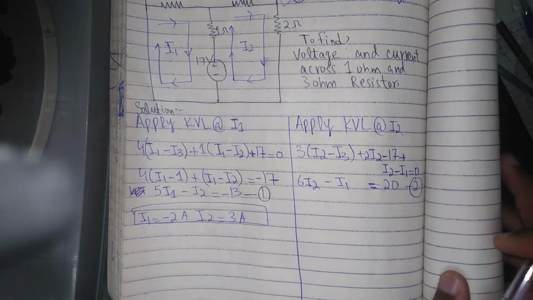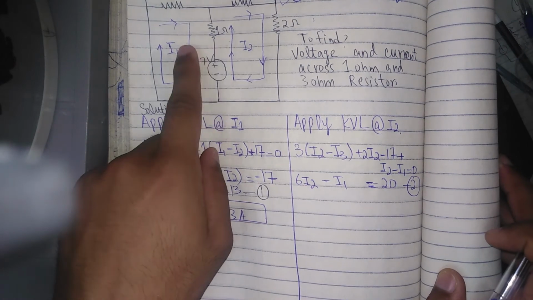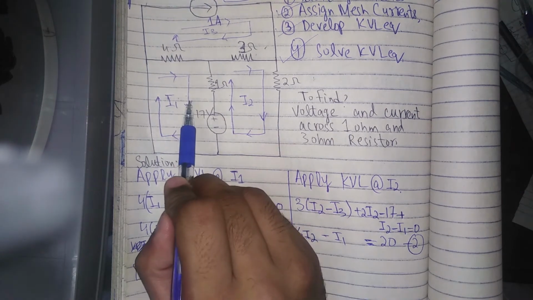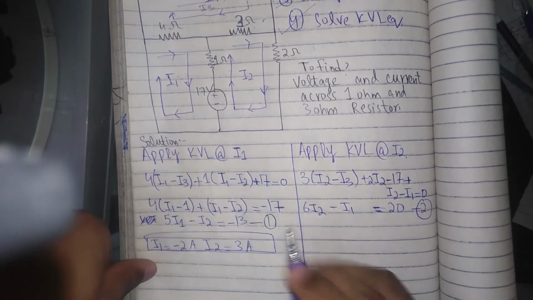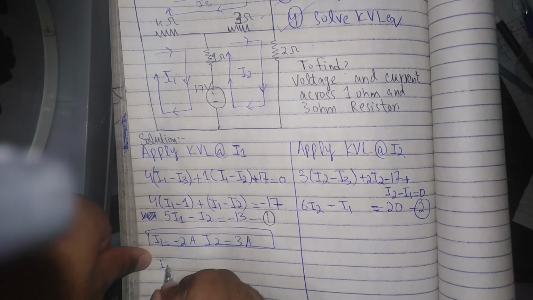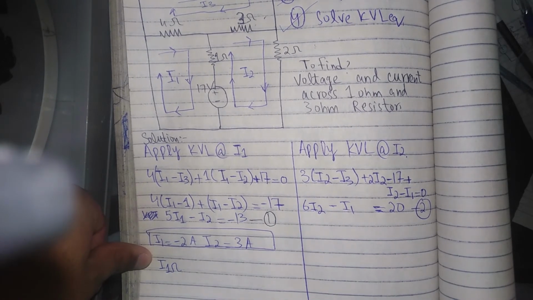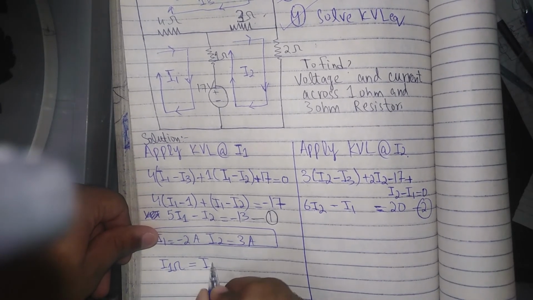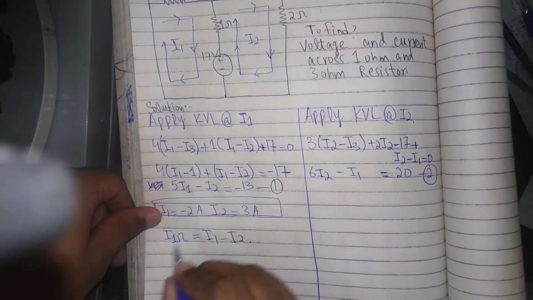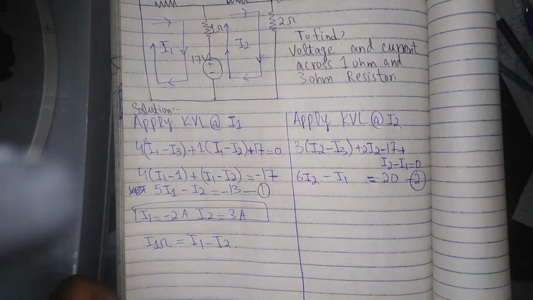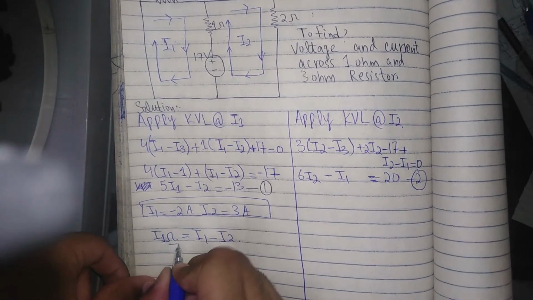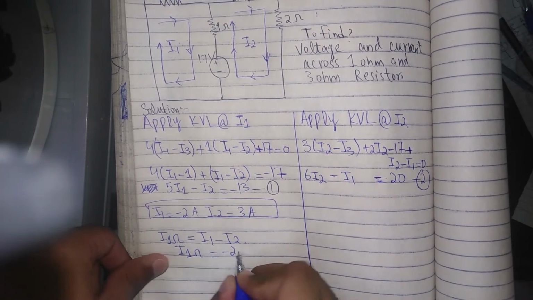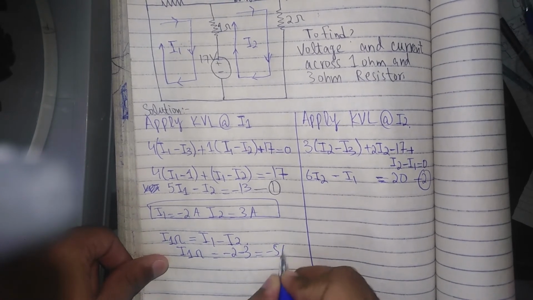So students, across the 1 ohm resistor, two currents are flowing, I1 and I2. So the current across 1 ohm is I1 minus I2, and I across 1 ohm is equal to minus 2 minus 3, which is minus 5 ampere.